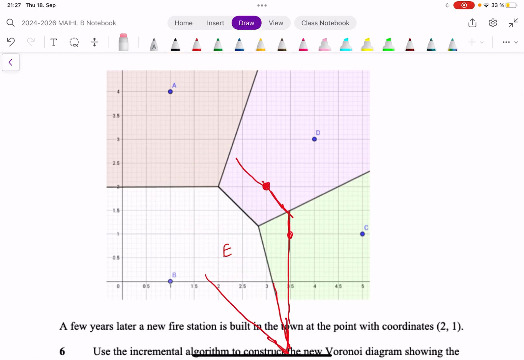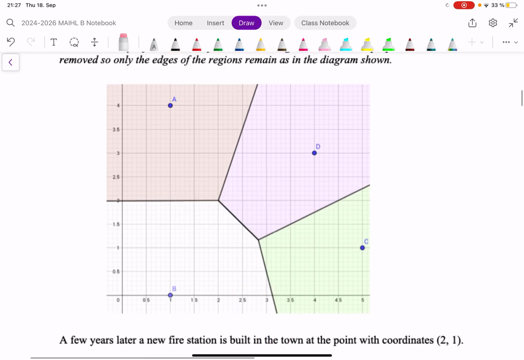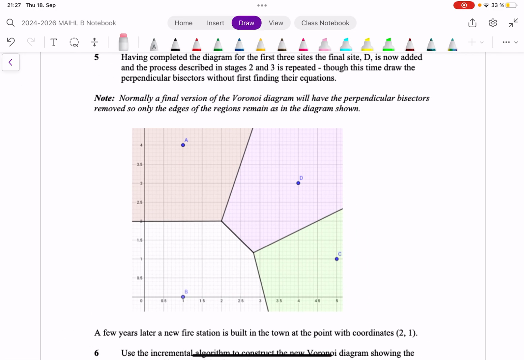So for example, if this, instead of being fire station, represented different amounts of rainfall, like up here they had 2 millimeters, over here they had 10 millimeters, here they had 5 millimeters, and over here they had 3 millimeters, right? Like, so they had rain gauges that were measuring rain at each of these sites.